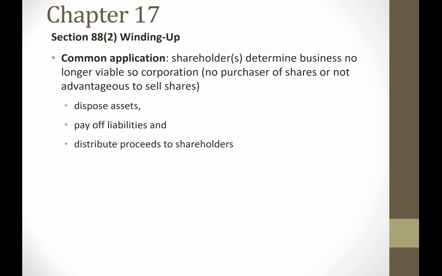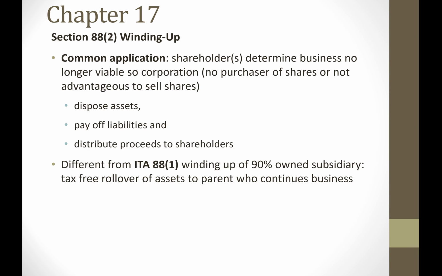The corporation will dispose of the assets, pay off the liabilities, and then distribute whatever cash is left to the shareholders. Now, this is different from an 88.1. When you read your textbook, the textbook will refer to a Section 88.1 wind-up of a 90% owned subsidiary and an 88.2 wind-up, also known as a liquidation.